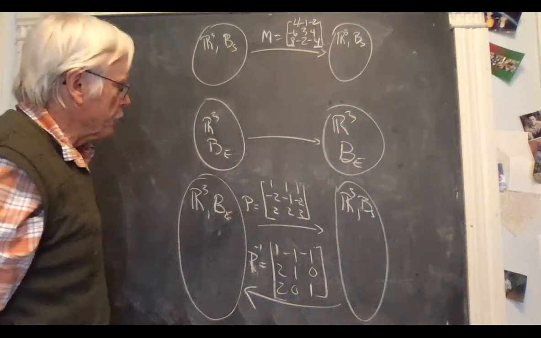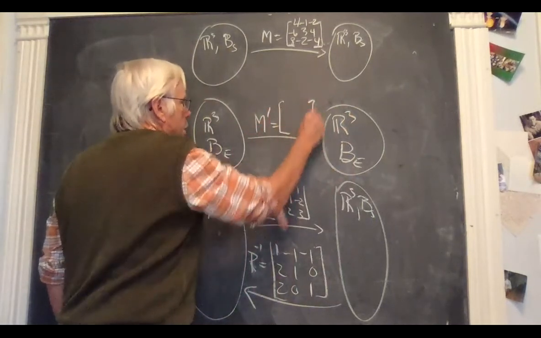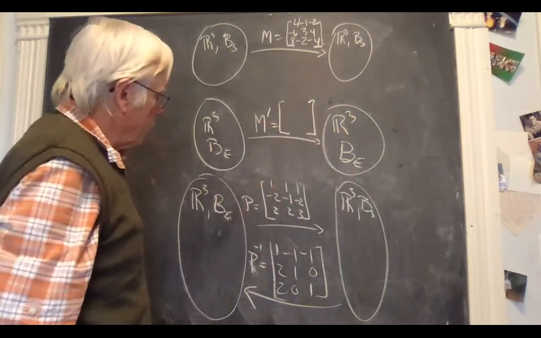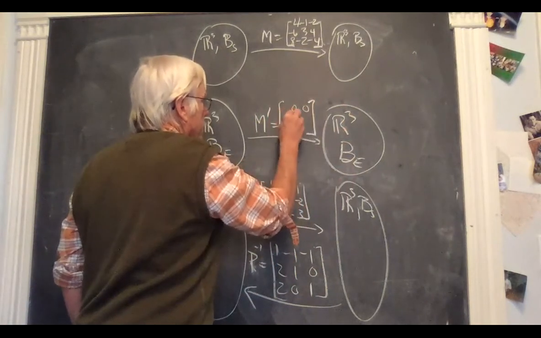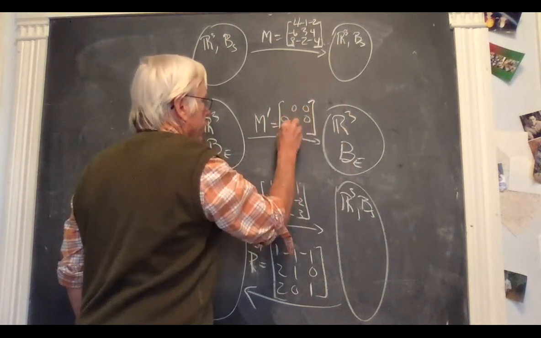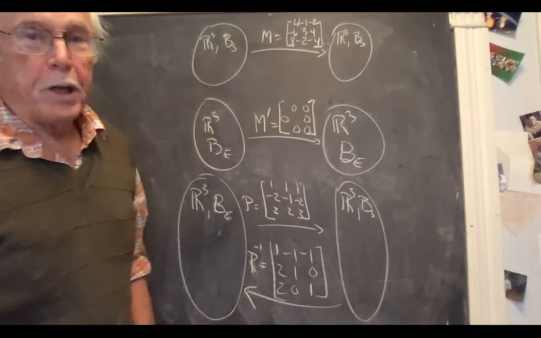This same transformation has a different form. The form is diagonal because it is an eigenvector basis. So the form will be diagonal.